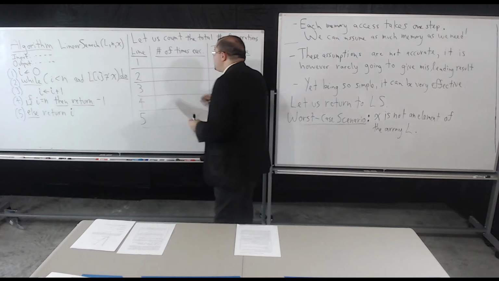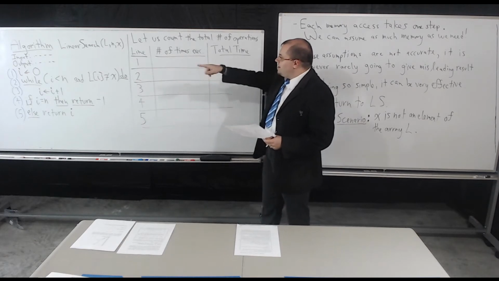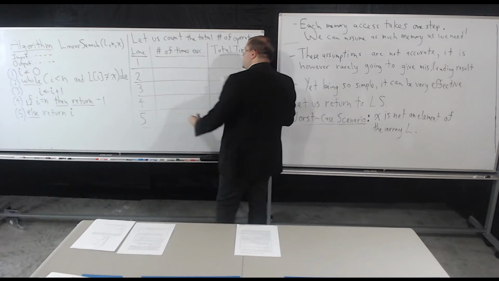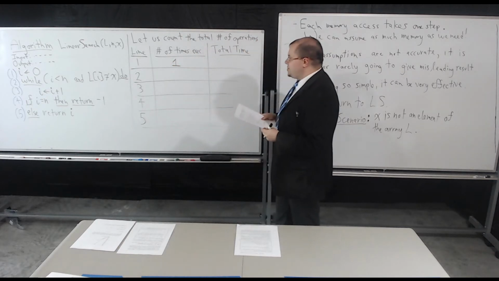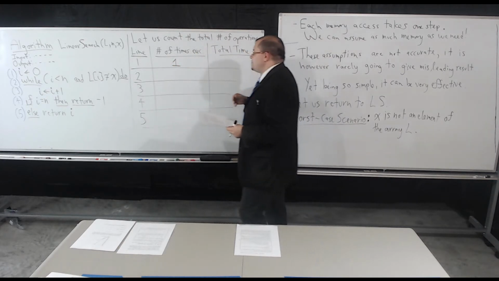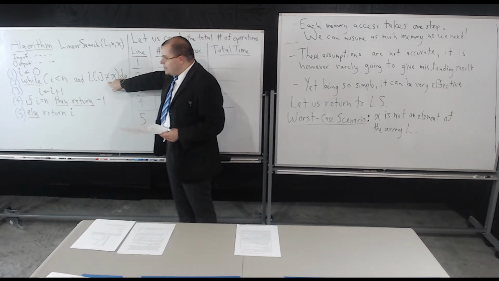So let's look at each one of the lines and count how many times it executes. So i is assigned 0. How many times does that happen? It only happens once, right? How many times does line 2 happen? Well, you know it has to perform n comparisons, so this happens n times.